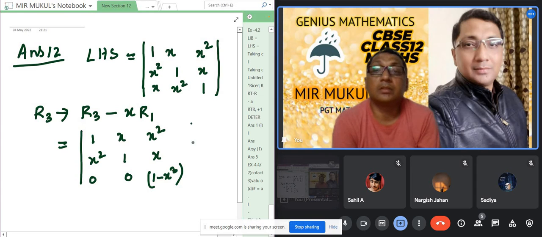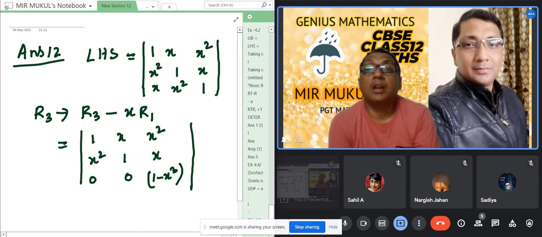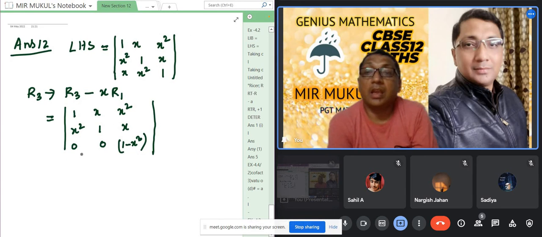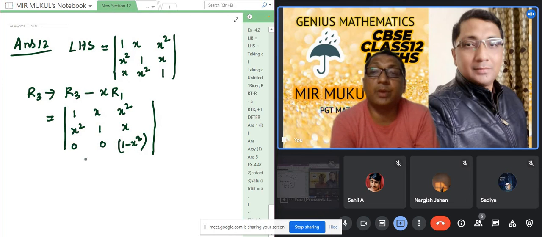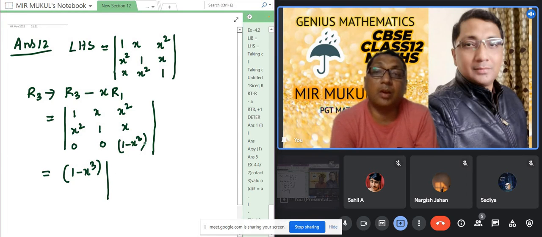Understood? Now if we break it, since these two elements are equal to 0, we can write 1 minus x cube multiplied by the minor of this. That means the third row and third column will be deleted, then 1, x square, 1.